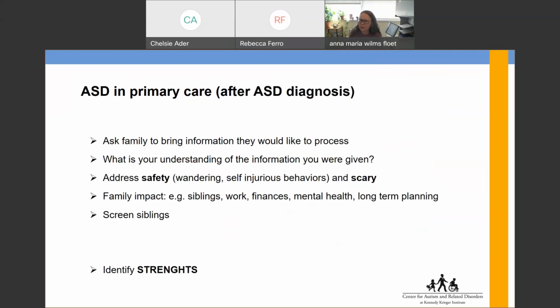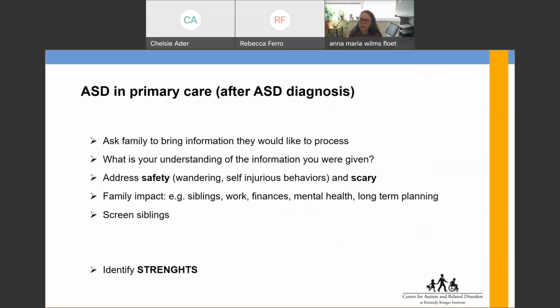So asking families to bring information that they would like to process, I think, can be helpful. And it could pertain to, let's say, Kennedy Krieger records, but sometimes it's more like school records. What is going on? How are children supported? And really I do this, I think, a lot when I see families over time, is helping them understand information.